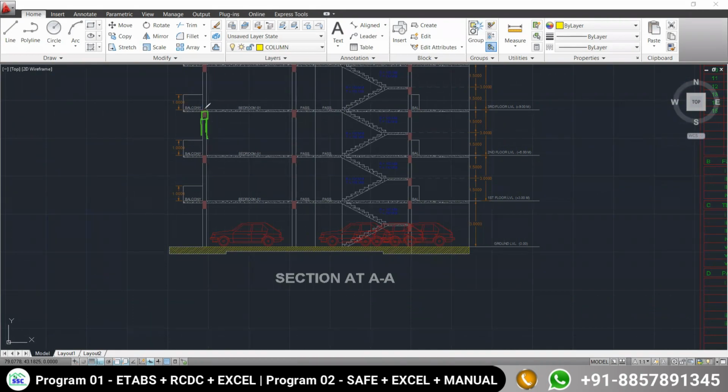And this beam is of this floor, the third floor. So will this third floor beam be visible to the third floor person or the second floor person? Second floor, sir.